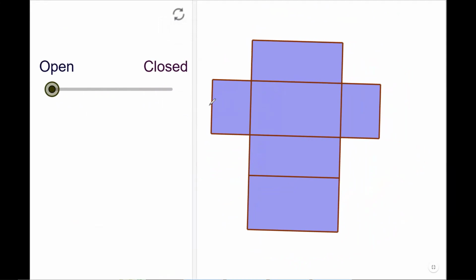You can find a cuboid with 2 squares and 4 rectangles, or normally the cuboid has 6 rectangles. So the cuboid has 6 faces, not all of them squares, 12 edges, and 8 vertices or corners.